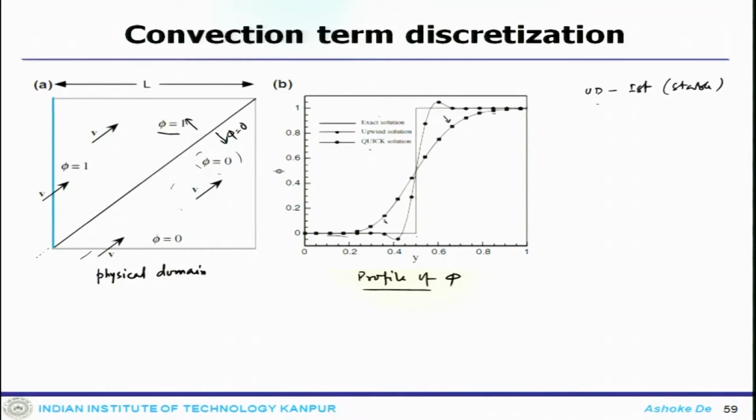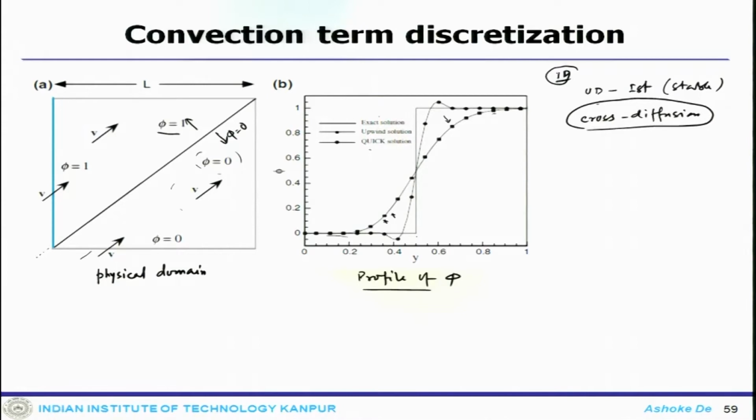So, it is at the same time quite inaccurate, and this inaccuracy arises due to the cross diffusion term, which is caused by the interpolation profile that is used. This cross diffusion term is always applicable in multidimensional systems, and though we have looked at it in one dimension, whatever is happening here has a one to one correspondence in the multidimensional system.